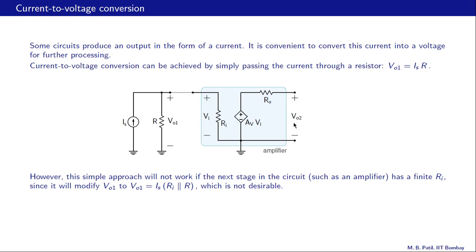So we would expect this VO2 to be AV times VO1, which is AV times Is times R. Now that is not what happens, because this amplifier has an input resistance Ri which comes in parallel with R, and therefore this VO1 would now change to Is times R parallel Ri, like that. And that of course is not desirable. And why did this happen? Because this amplifier has loaded our source circuit. So let us now look at an op-amp circuit which avoids this problem.